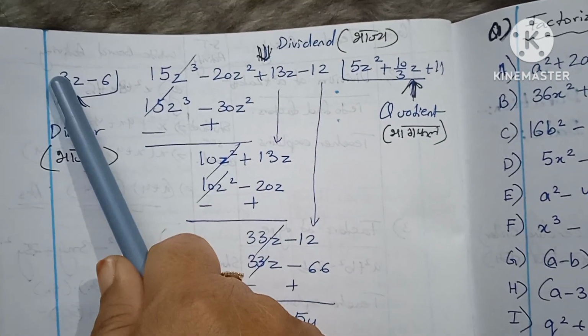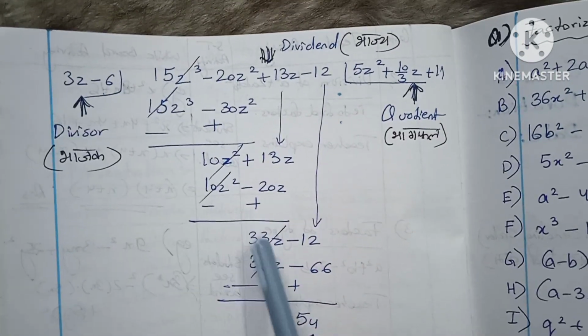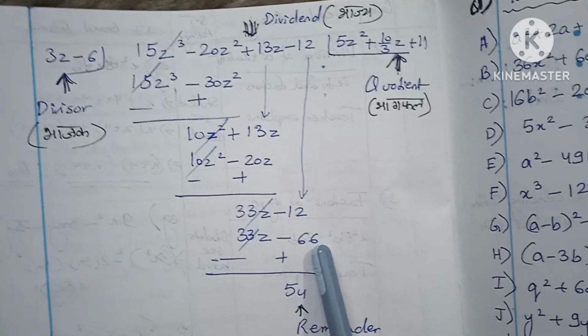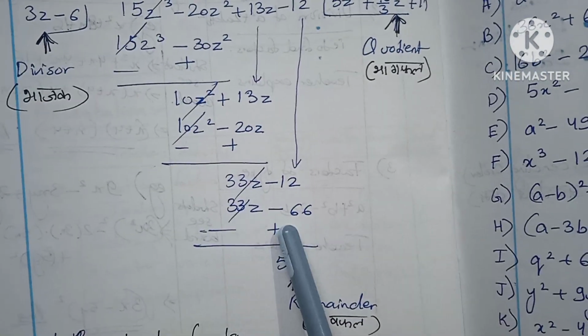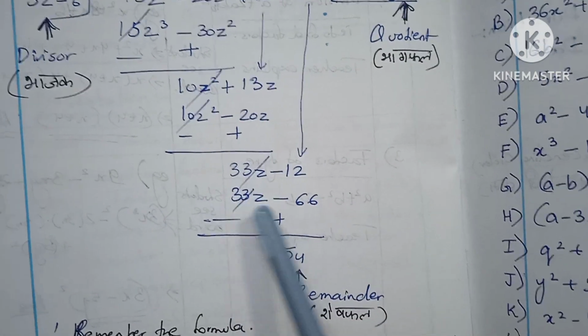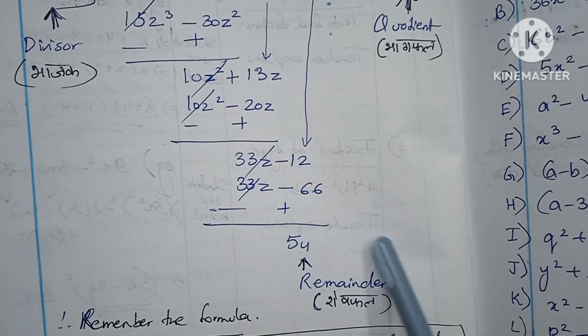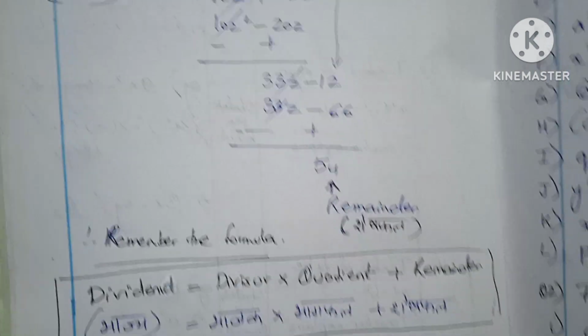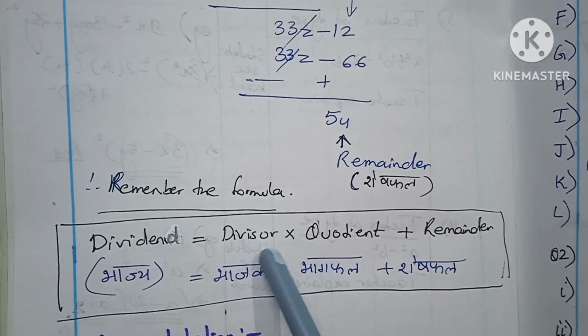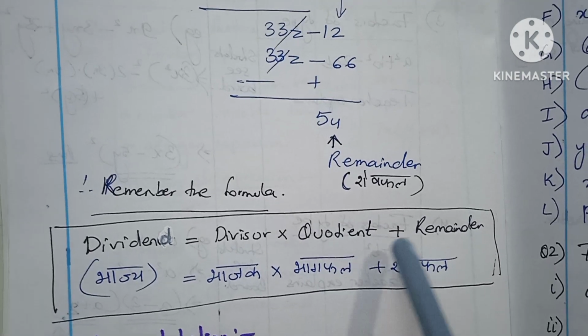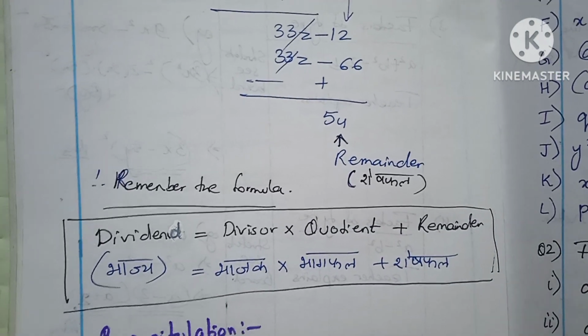On multiplying by 11 we get 33z minus 66. Again we change the signs so as to cancel this term. Now we get 54 as the remainder. So the formula is: dividend is equal to divisor into quotient plus the remainder.